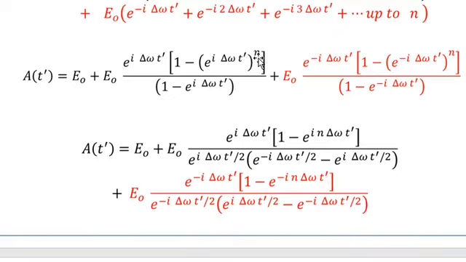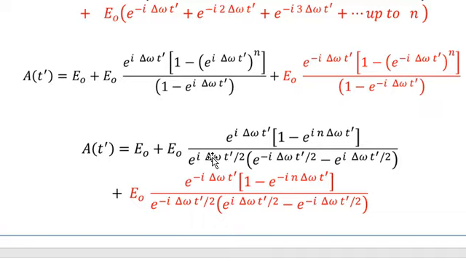That is, you can use subscript n will be multiplied over here, and this superscript n will be multiplied over here. Then you will have this one, and you see that the multiplication of n appears as the power of the exponential factor, and n is also appearing over here, and the rest of the quantities are unchanged, except that from this factor in the denominator, we have taken e to the power iota delta omega t prime divided by 2.